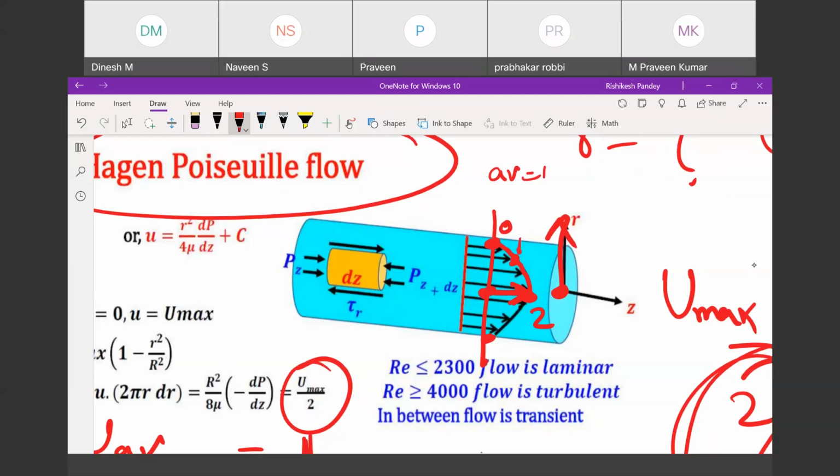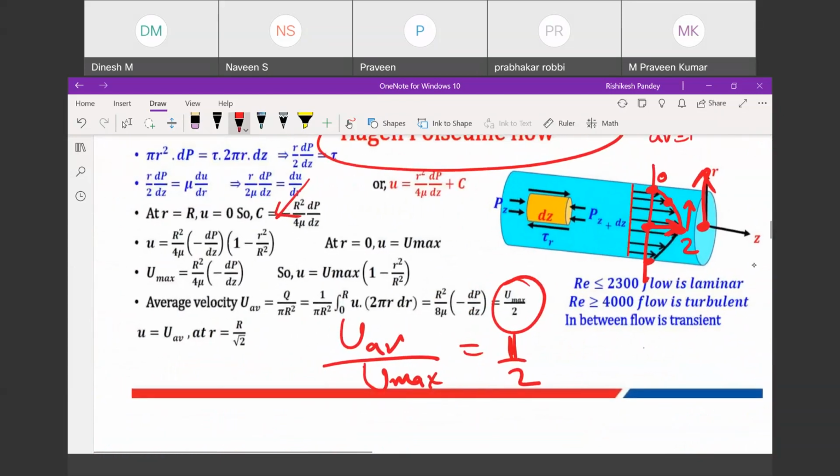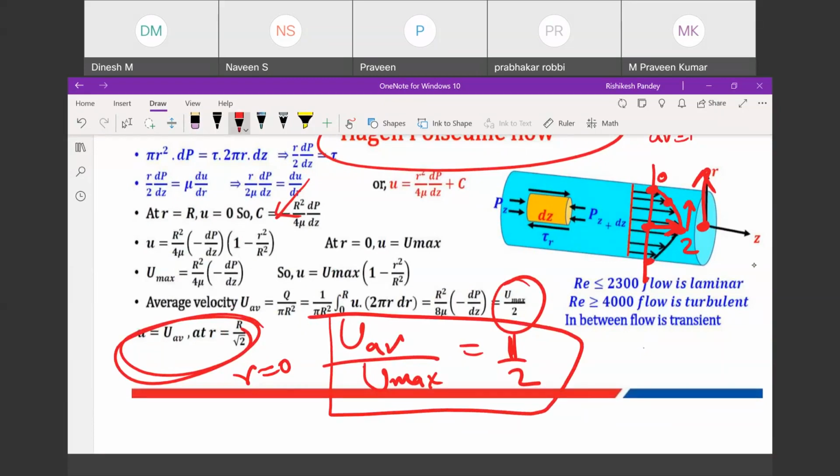At what radius do we get that velocity? We will get it at R by root 2. So average velocity you will get at R by root 2. Maximum velocity you will get at r equals 0. Third point, the ratio of average by maximum is 1 by 2. And the profile is parabolic, that we have already seen.